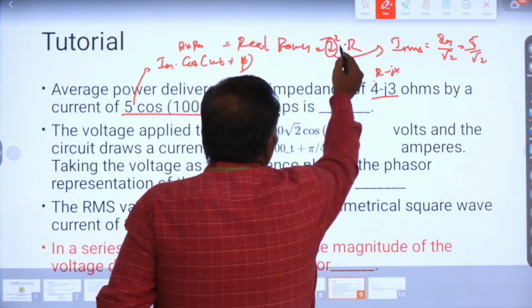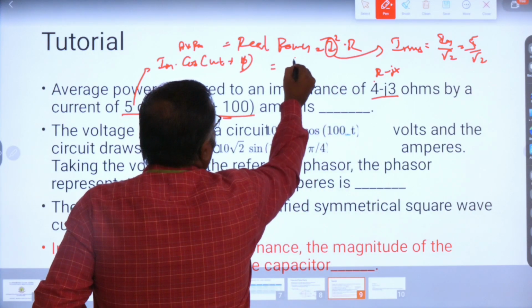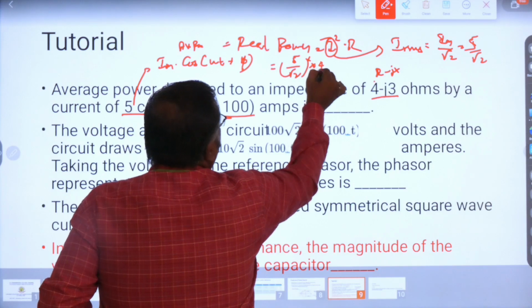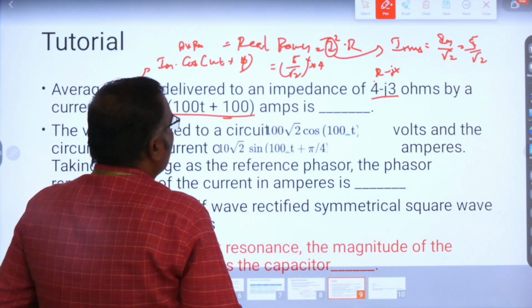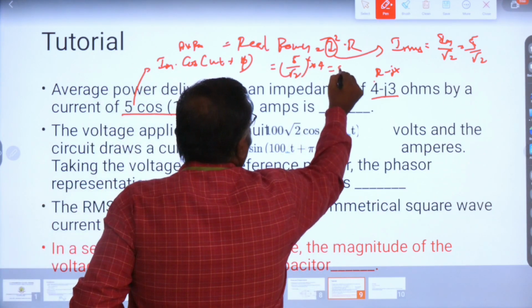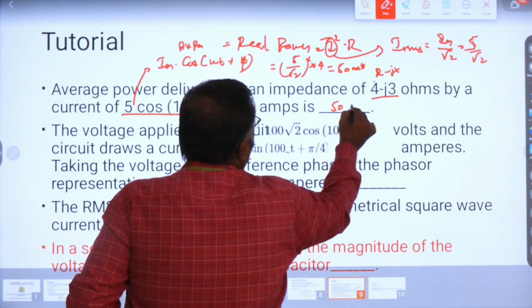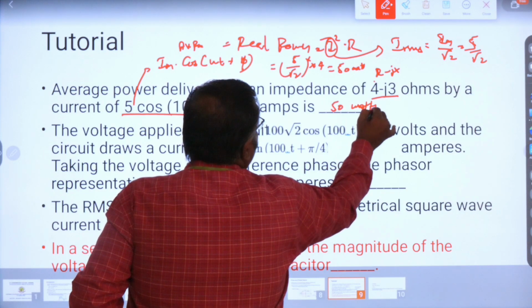Using this formula, P is equal to (5 divided by root 2) whole squared into the resistance value 4. Therefore you get 50 watts. The unit of power is watts, so the answer is 50 watts.